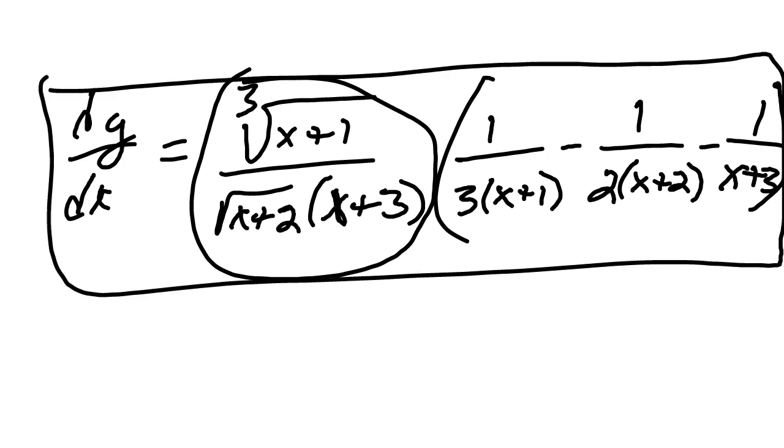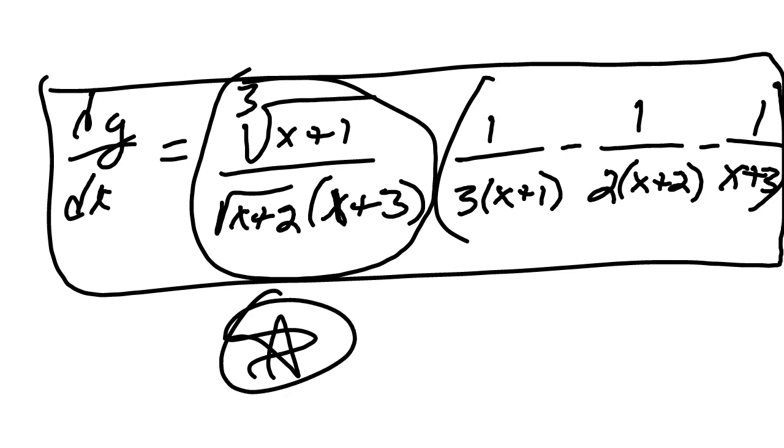This is good enough for the answer as far as I'm concerned, and a very quick, easy process on how to get there. I'm not sure what's going on over here. Okay. Anyway, so that's logarithmic differentiation.